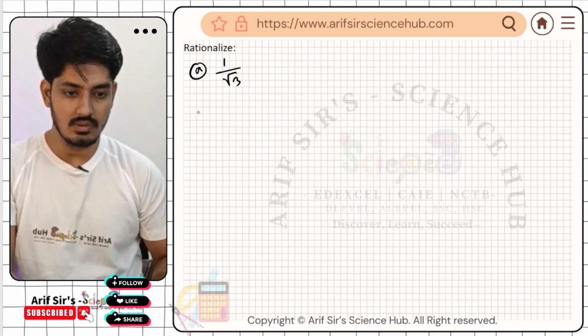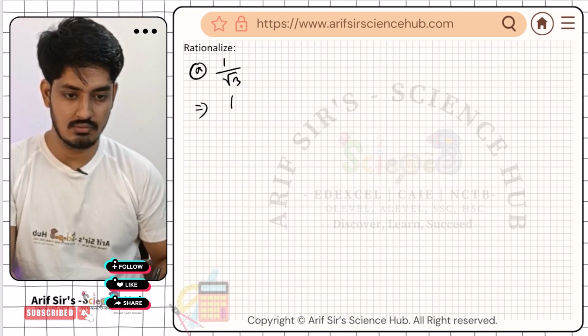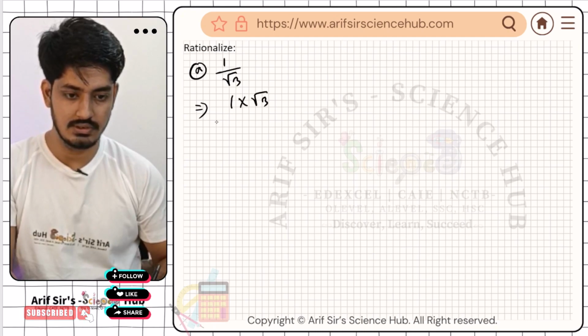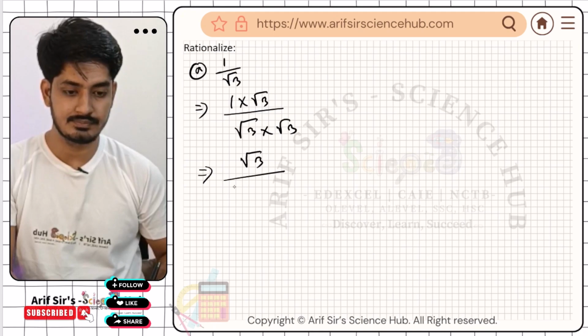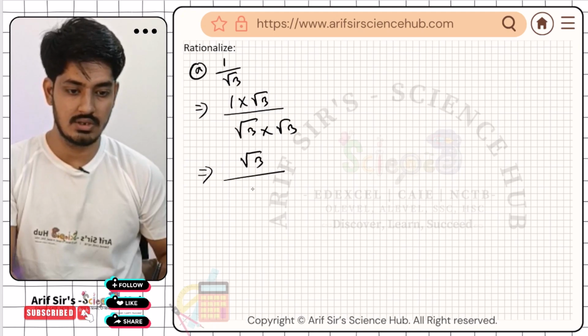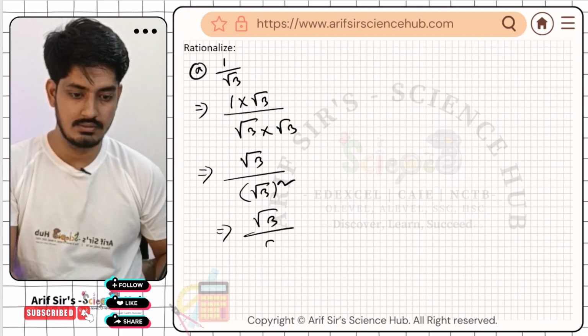For doing that, we can just multiply top and bottom by square root 3. That means 1 into square root 3 over square root 3 into square root 3. So 1 into square root 3 is square root 3, and square root 3 into square root 3 is square root 3 whole squared, then square root 3 over 3.